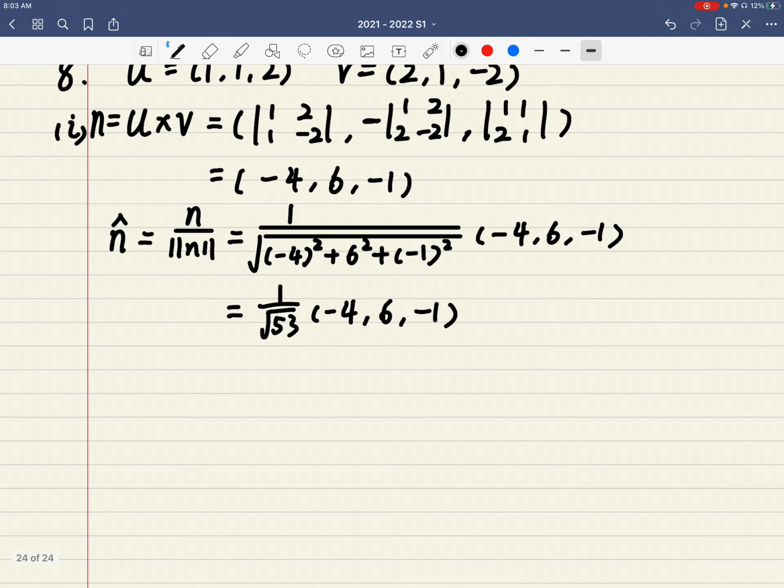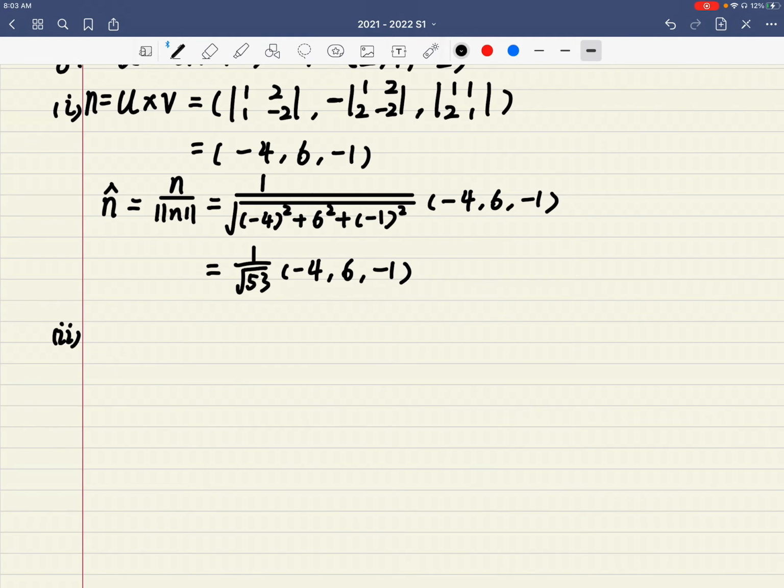In part 2, determine the scalar equation of the plane that is through a point 1, 1, 0 and is parallel to u and v.